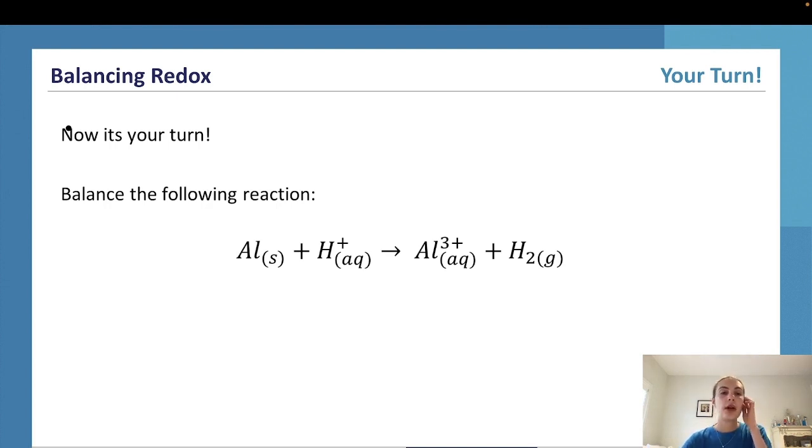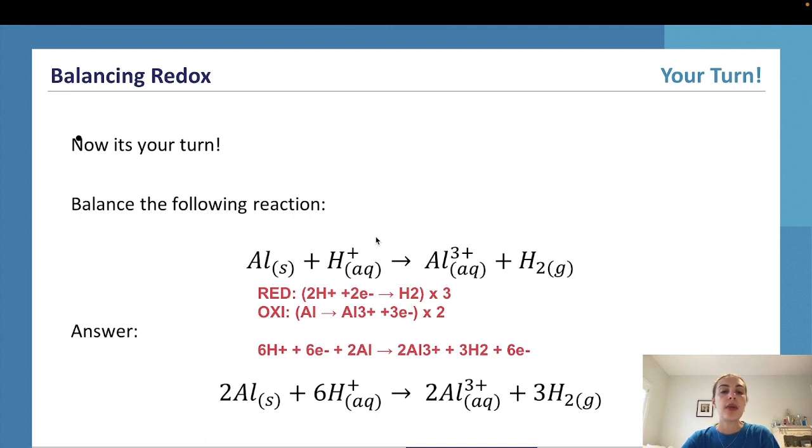Okay, so now we'll go through the answer for this one here. So we've got aluminium solid plus hydrogen ions makes aluminium 3 plus hydrogen gas. With this one, we first of all need to identify what is being oxidized and what is being reduced.